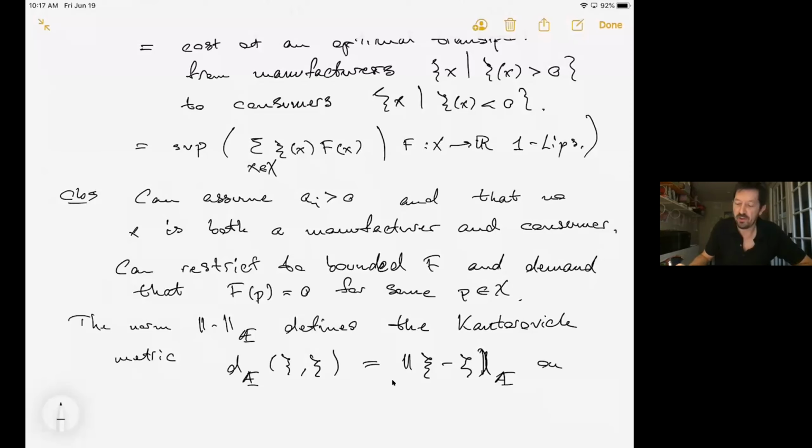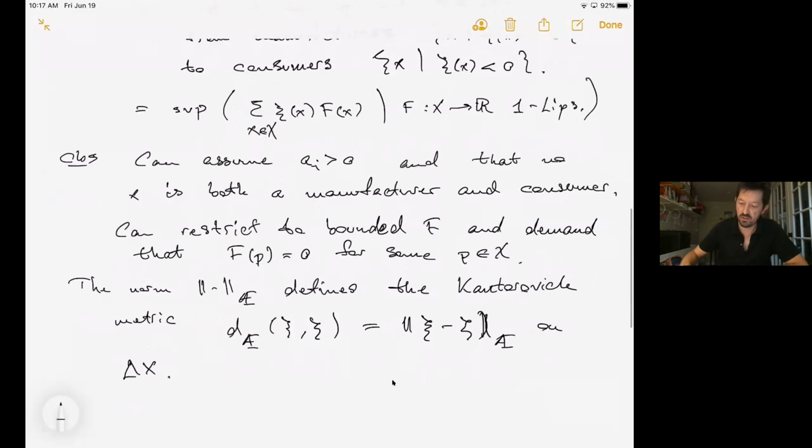And this metric, of course, makes sense on already Delta of X. Okay? So Delta of X is the convex hull of the points in X. So the difference between two convex combinations of points in X will have mean 0, and therefore you get a metric on this space.